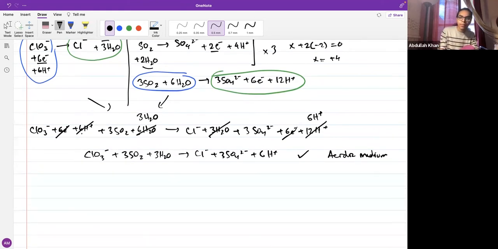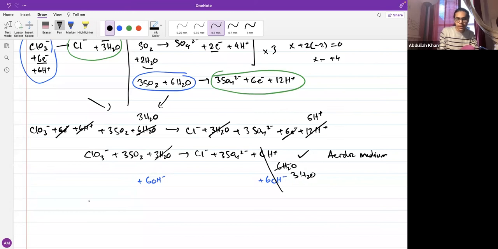Going to basic medium, neutralize any H pluses. So 6 OH minuses and the same thing on the other side. This becomes 6 H2O. The 3 H2O cancels with the 6 H2O to become 3 H2O.